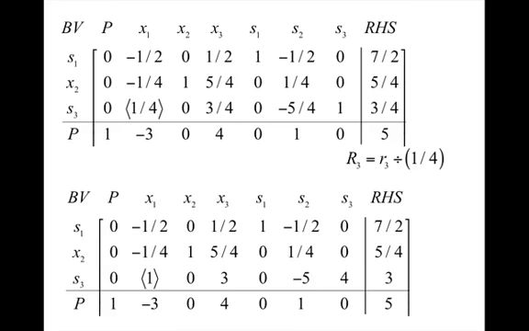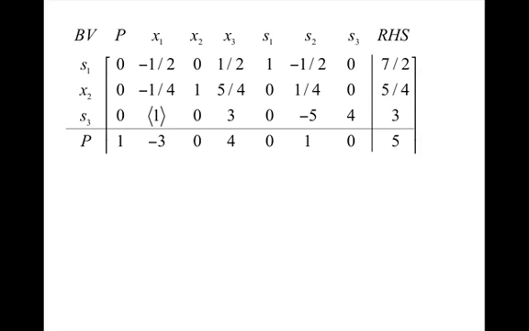So either way you do this, for row 3 you get a 0, the 1 that we wanted, a 0, a 3, a 0, a -5, a 4, and a 3. Rows 1, 2, and 4 stay the same. So now I need to make the -1/2, the -1/4, and the -3 become zeros.